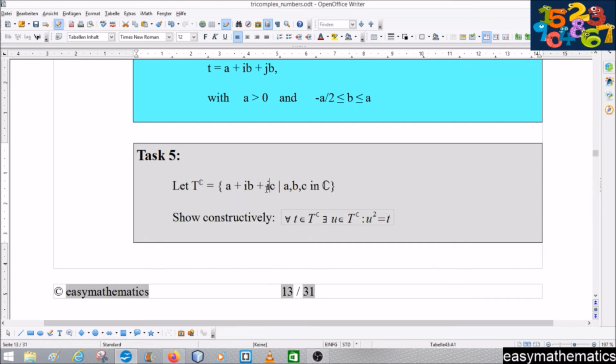And pardon, this should be j, of course. Okay, so show constructively that every tricomplex number with complex components has a tricomplex root with complex components. All right.